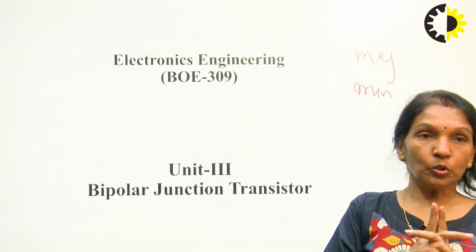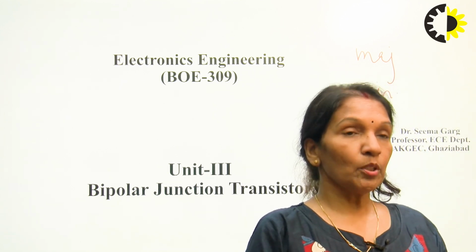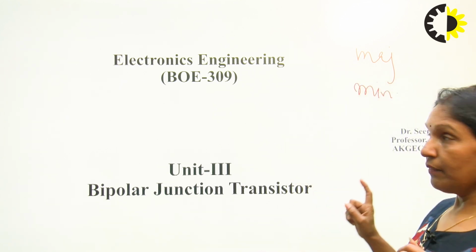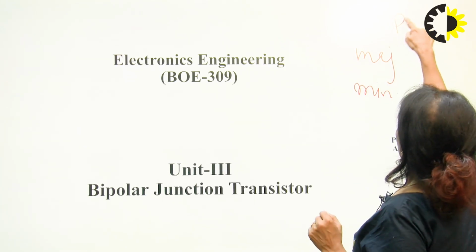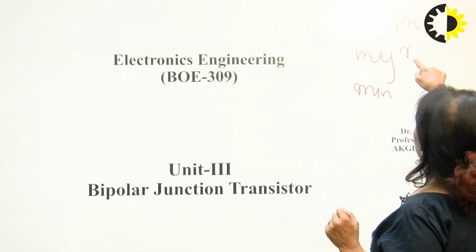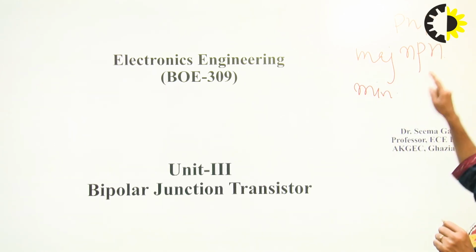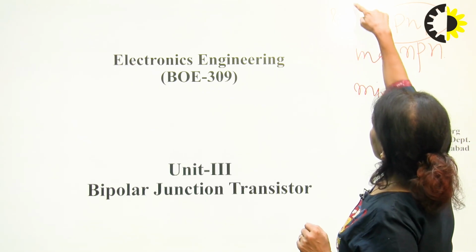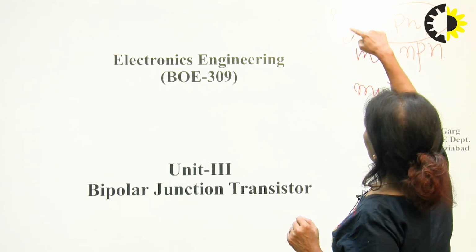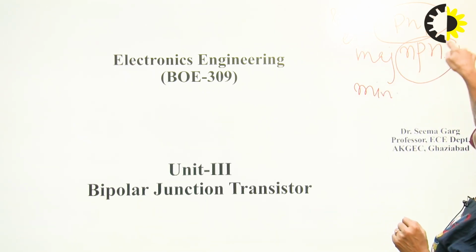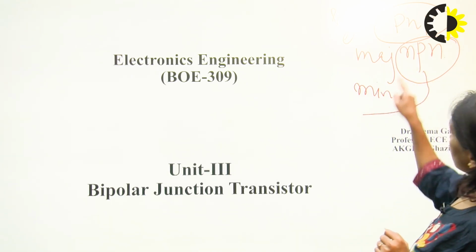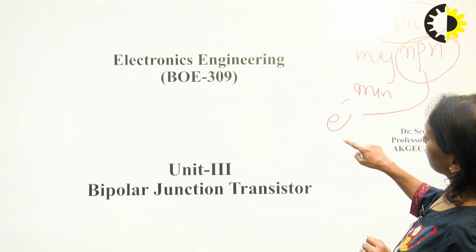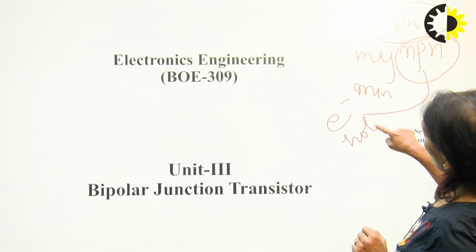There are two types of bipolar junction transistors, PNP and NPN. In PNP, the majority charge carriers are holes and minority charge carriers are electrons, whereas in NPN, the majority charge carriers are electrons and minority charge carriers are holes.